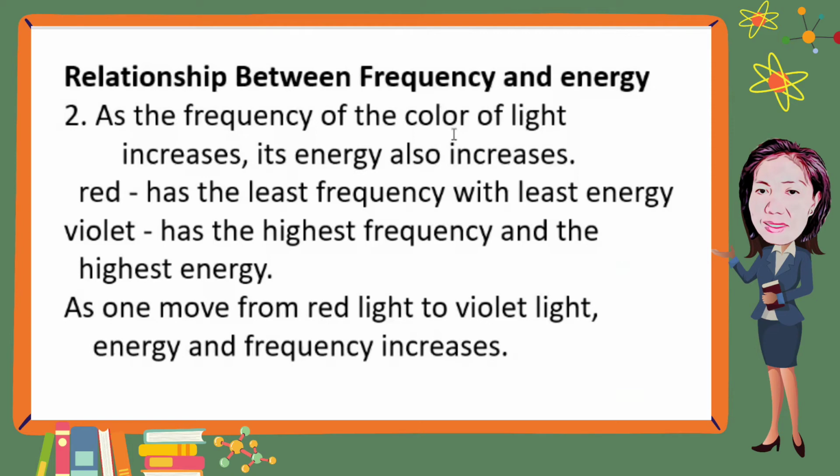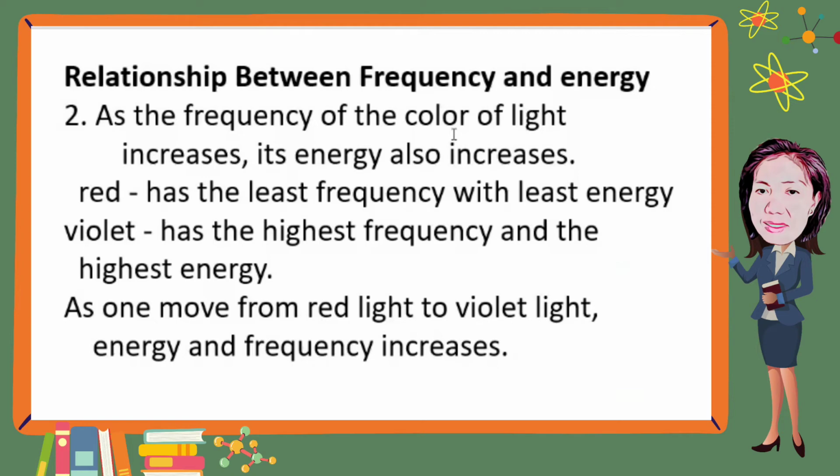And we all know that purple or violet has a greater frequency. So greater din ang energy niya. So we can say that frequency and energy are directly proportional. The greater the frequency, the greater its energy also. The lesser frequency, the lesser its amount of energy too.